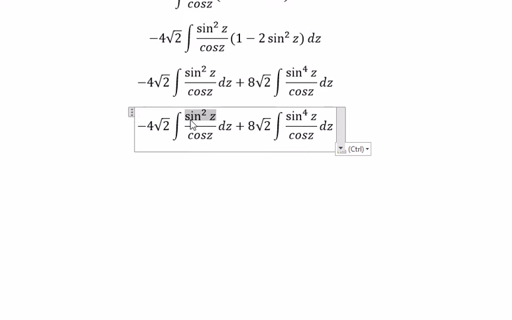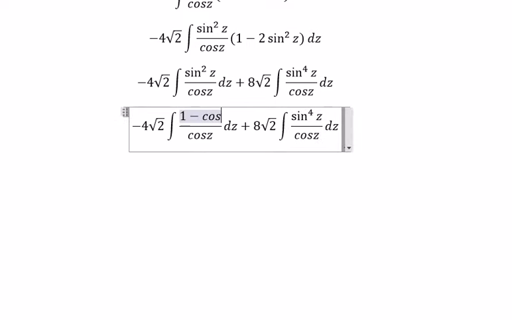For the first one, we can put 1 minus cosine z square.